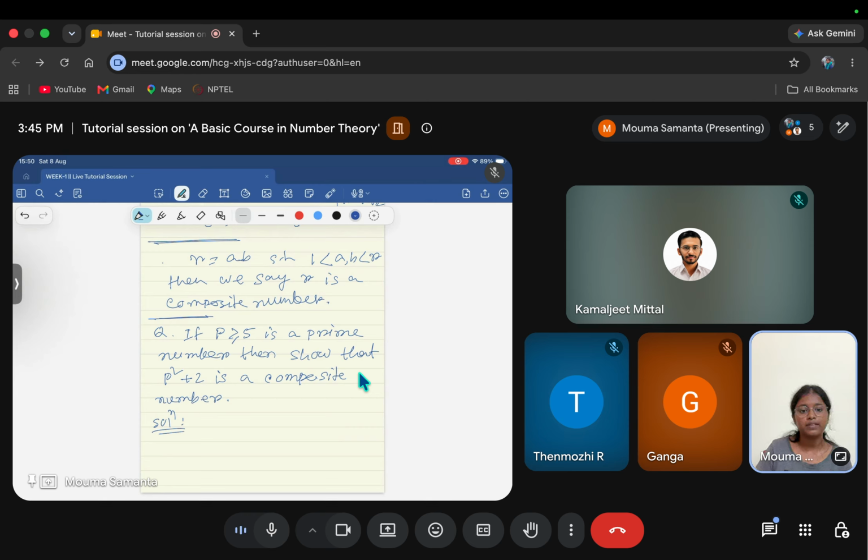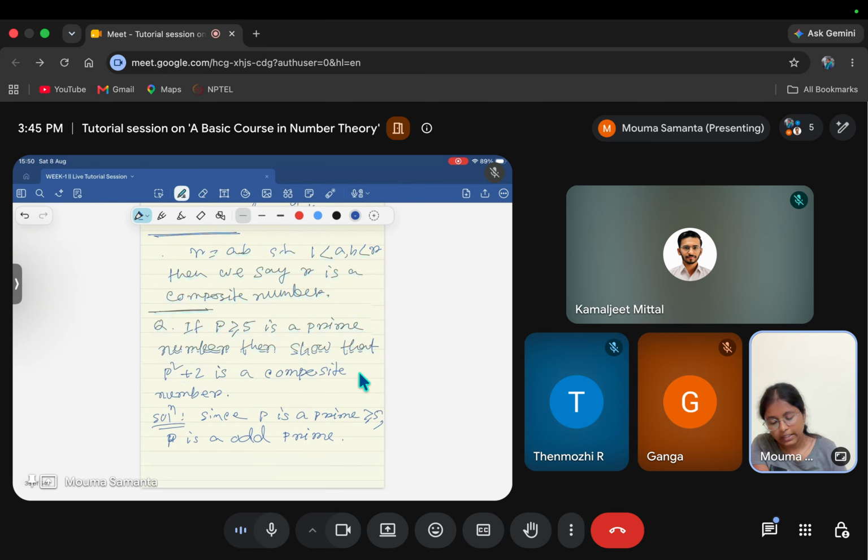Since p is a prime greater than or equal to 5, p is an odd prime.